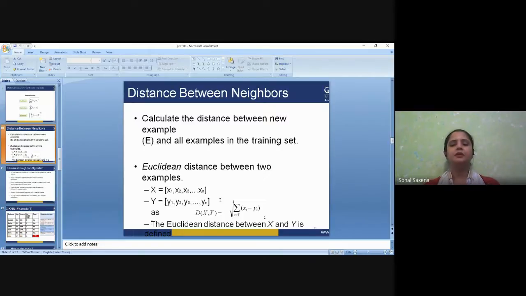Now we'll consider distance between neighbors. How can we do that? We calculate the distance between the new example, let us call it capital E, and all examples in the training set.